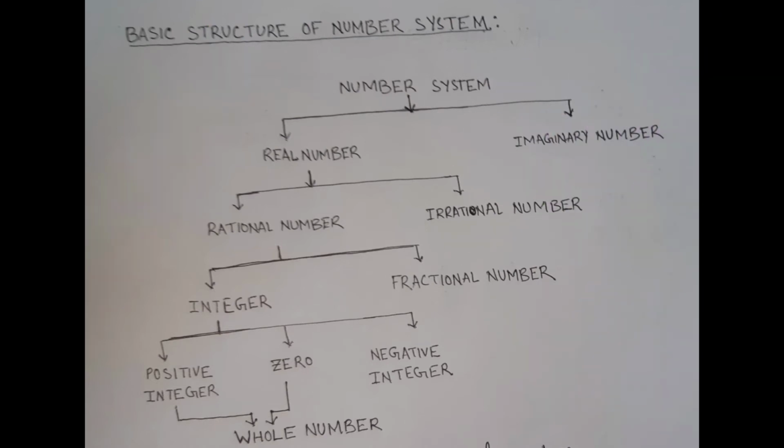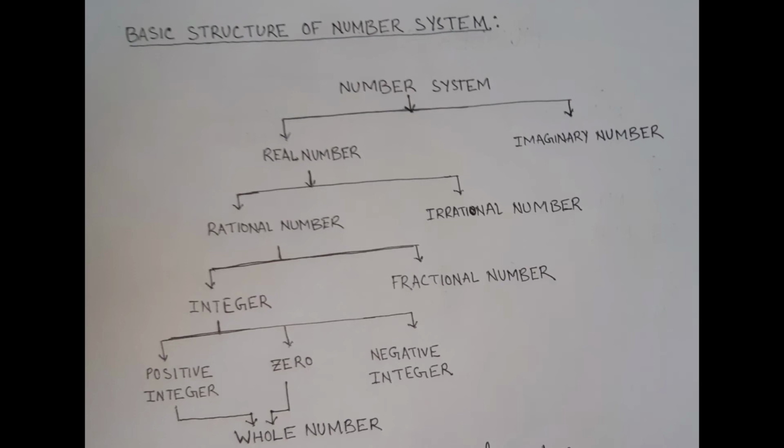If we can express a number in p by q format where q is not equal to 0, it is called a rational number, like 3 by 5 and 5 also, because we can express 5 as 5 by 1, and also 1.5, etc. If we cannot express a number in this format, then this type of number is called an irrational number, like root 2, root over 3 and also pi, etc.